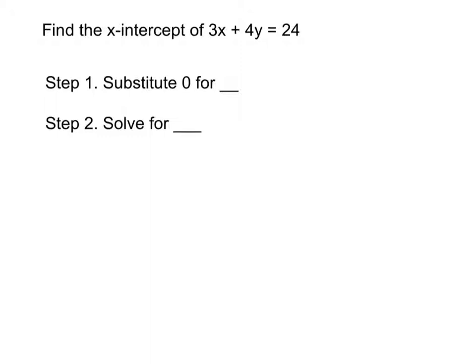Okay, now I actually have the same equation, except this time I want to find the x-intercept. So if I want to find the x-intercept, I want to substitute a 0 in for y, so it's the other one. And then when I go to solve it, that's when I'm going to solve for x. So to find the x-intercept, I have to substitute a 0 in for y and solve for x.